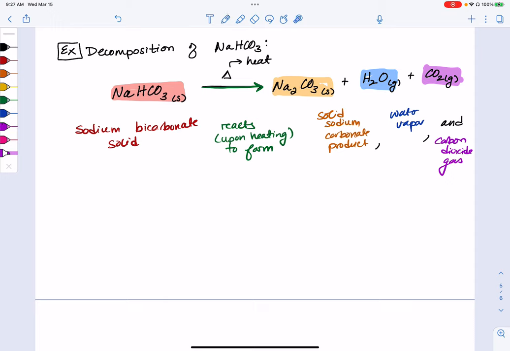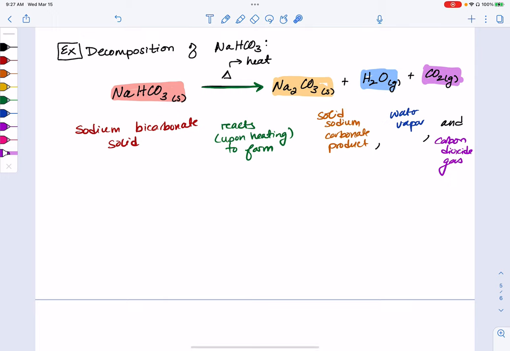So I write out what my reactant is, and then I can say reacts to form, yields, makes, creates, produces. To yield is something that I'll use a little bit more frequently. To form.